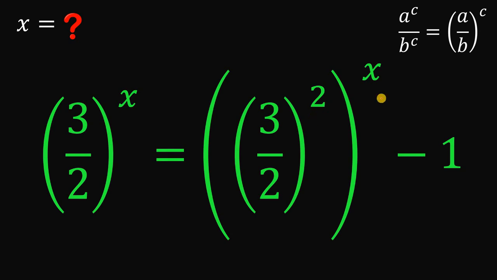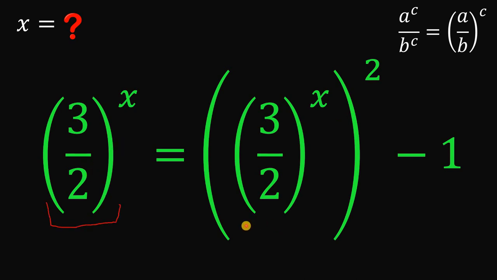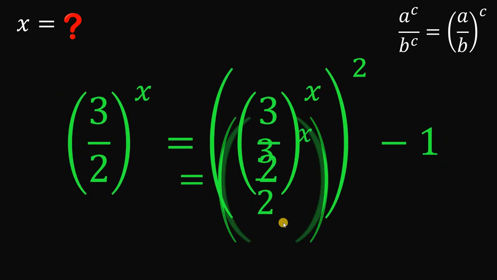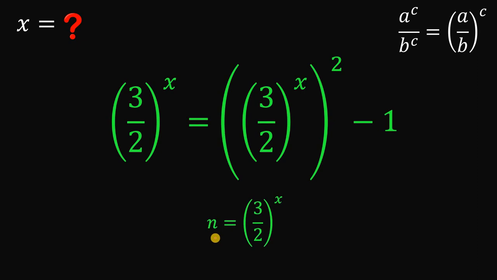Now, using our law of exponent a while ago, 3 over 2 raised to 2 raised to the power of x can be written as 3 over 2 raised to the power of x raised to the power of 2. Why do we do that? The reason is now we have a common term of 3 over 2 raised to the power of x. So we can rewrite this as a single variable, and let's call this n.